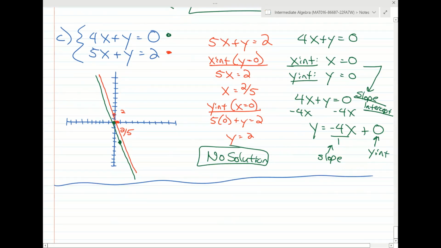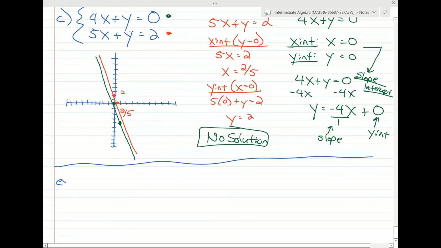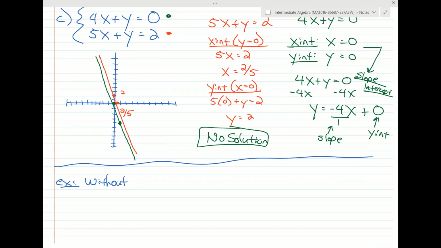Now, the last type of examples I want to show you, I'm going to ask you without graphing, decide what the solution looks like.